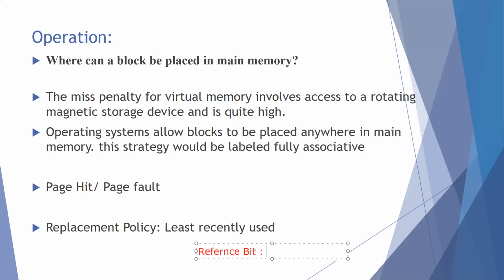We had a dirty bit for write operation. We had a valid bit for read operation, and a reference bit for a least recently used policy. ठीक है? So it just keeps a track. This is kind of how many times the bit will be set. There will be a counter that will be counting those values. Okay, let's move on now.